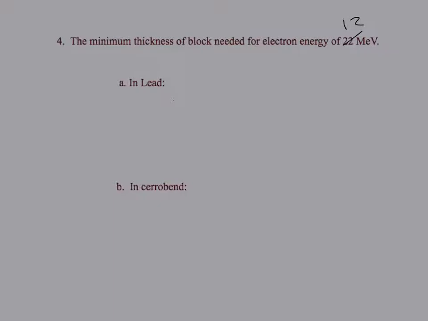I have it typed in wrong. So divide the energy by 2, and that's the thickness in millimeters of lead. To get the thickness in cerrobend, add another 20% to that. 20% of 6 millimeters is 1.2, so 7.2 millimeters in cerrobend.